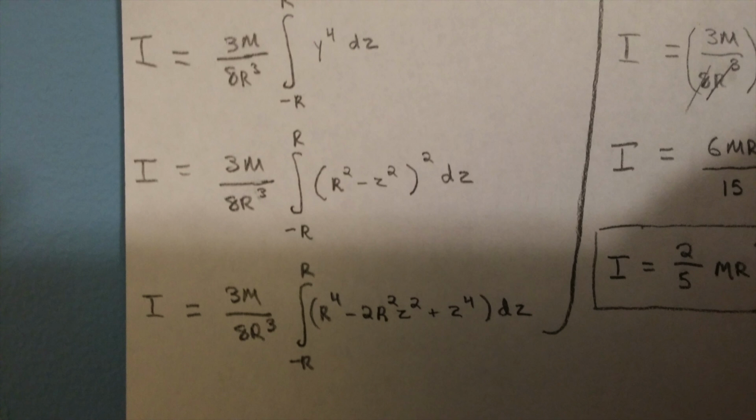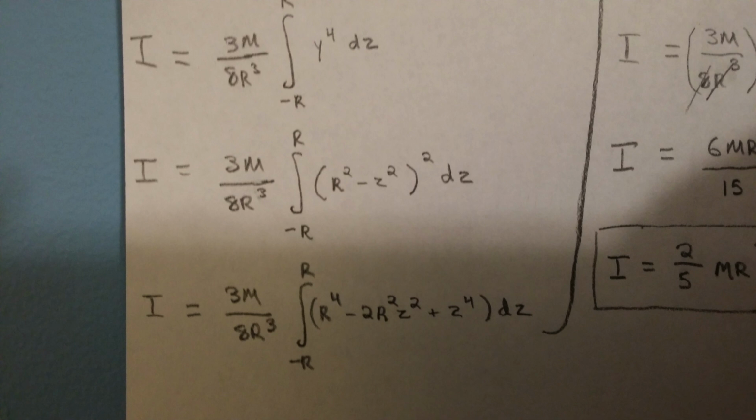We do this by looking at the disks that make up the sphere and noticing that we can represent y squared as a function of r and z using the Pythagorean theorem. We see that y squared is equal to r squared minus z squared. Plugging that back into our integral, y to the 4th dz, we see that under the integral now is r squared minus z squared quantity squared dz.